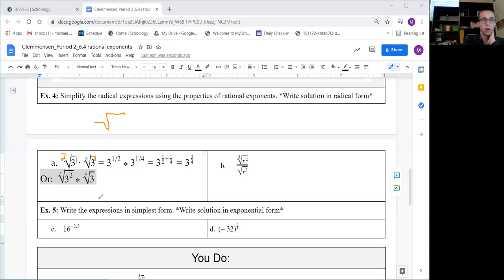So there will always be a 2 whenever there's nothing there, just like there's always an invisible 1 exponent when there's nothing there. That's something that we're going to have to memorize because there's no real trick to learning it. You just kind of got to memorize it. Whenever you don't see a number, we're going to make it a 2.